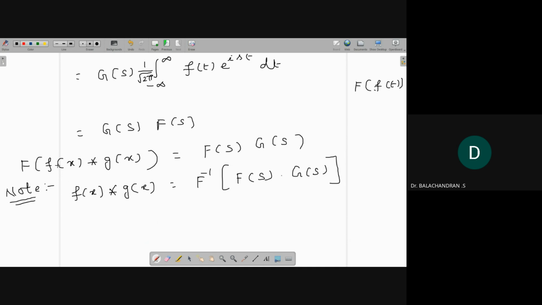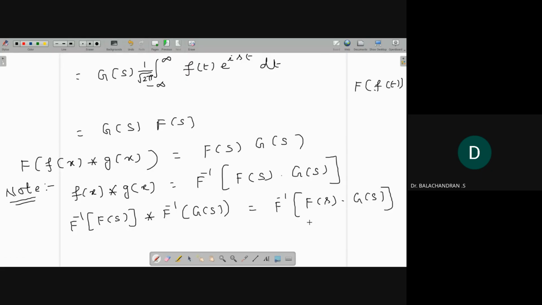So I'll write f of x star g of x is equal to F inverse of this. But what is f of x? f of x is F inverse of F of s, convolution g of x, which is F inverse of G of s, which is equal to the right hand side, F inverse of F of s ordinary product into G of s.